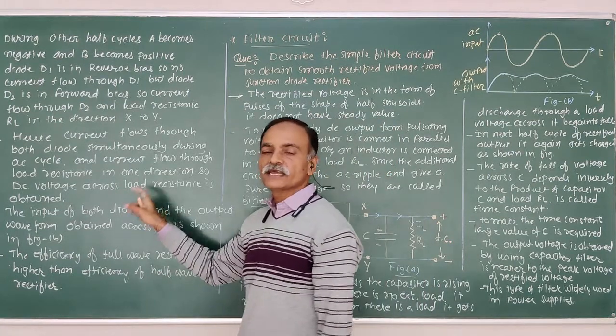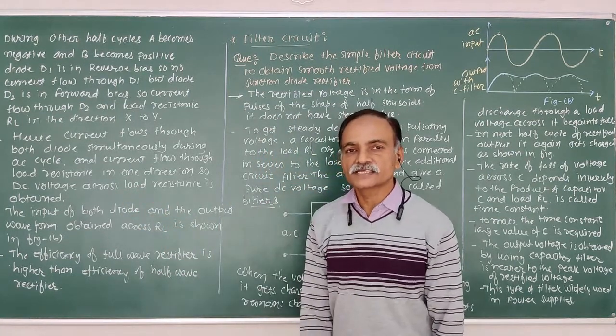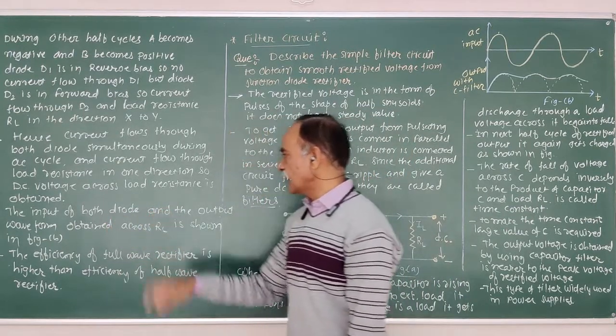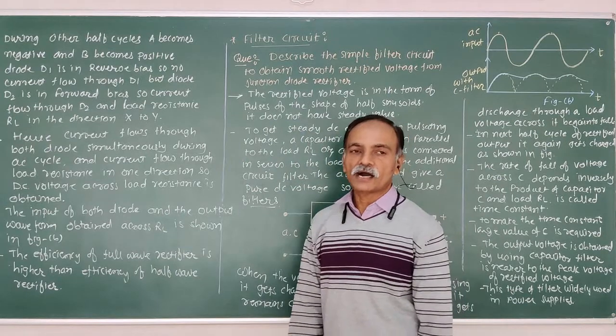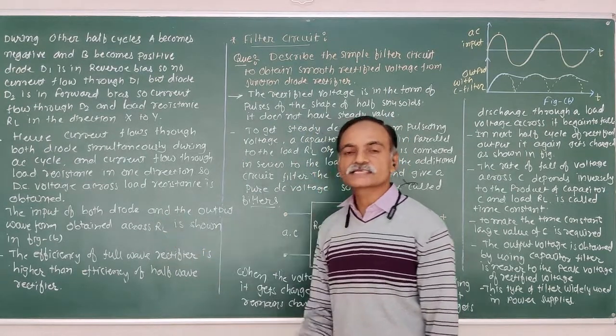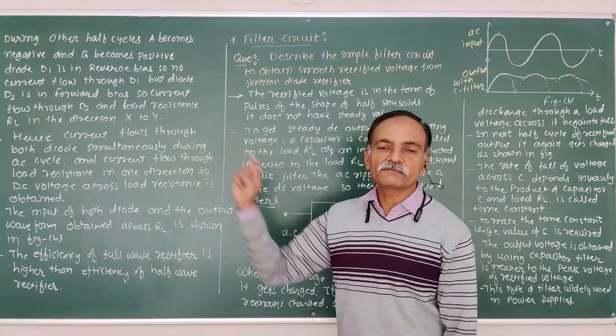So, DC voltage across the load resistance is obtained. The input of both diodes and output waveform across the load resistance R is shown in figure B.